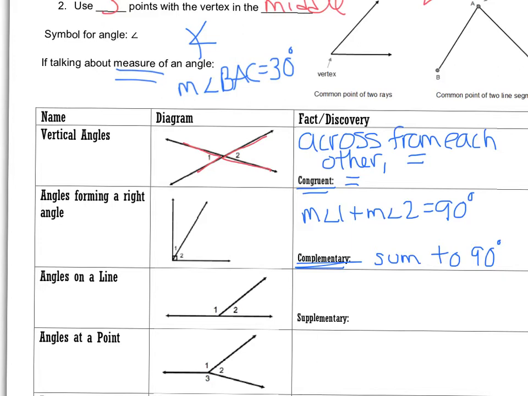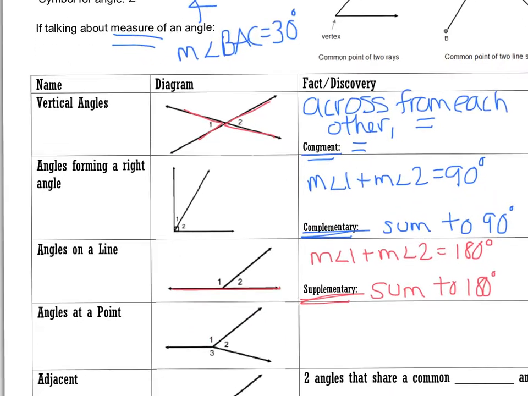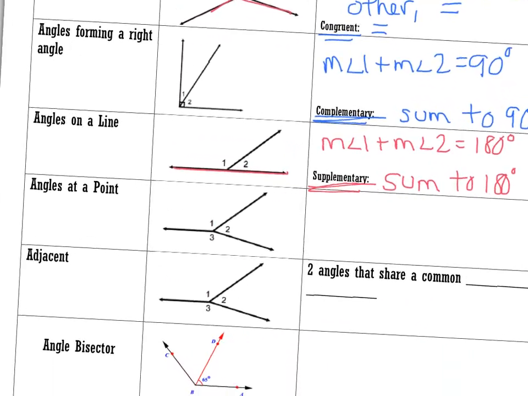If you have angles on a line, as in this picture, then we know a straight line is 180 degrees. So measure of angle 1 plus the measure of angle 2 equals 180 degrees. This is supplementary. So supplementary, they sum to 180 degrees. So we could say in this picture that angle 1 and angle 2 are supplementary.